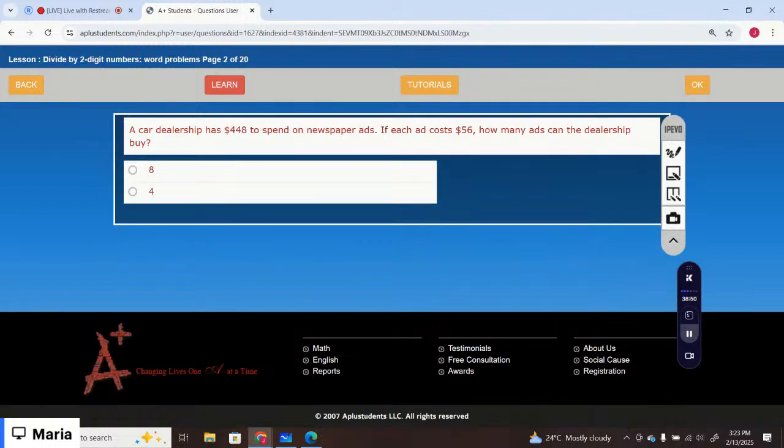A car dealership has $448 to spend on newspaper ads.